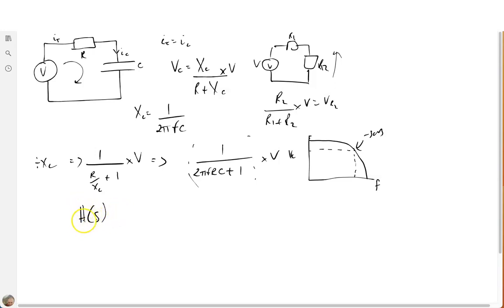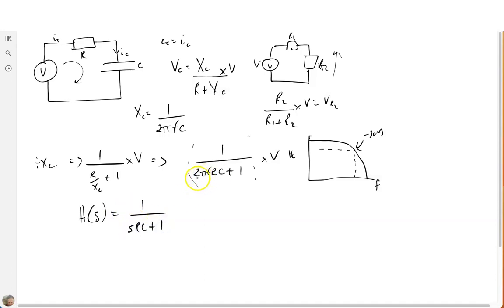And sometimes in texts you will see this shown like this. So this is the H, i.e. transfer function. This is in the S domain now, so we've gone into the complex frequency domain here, and you sometimes see this expressed as follows.